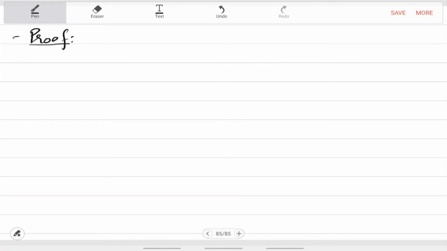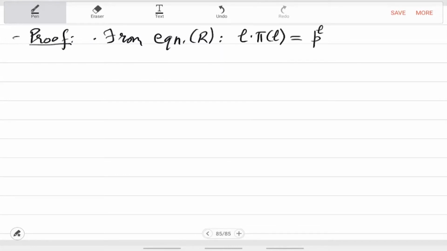So from R, what you get is L times pi L is p raised to L minus the sum over K divides L and K less than L.